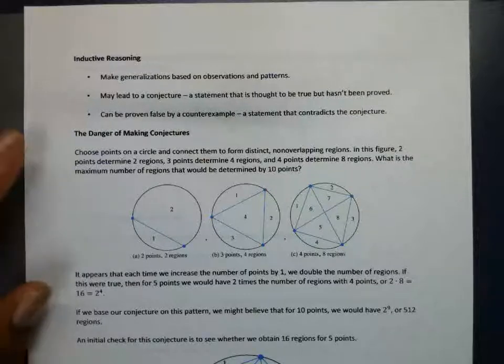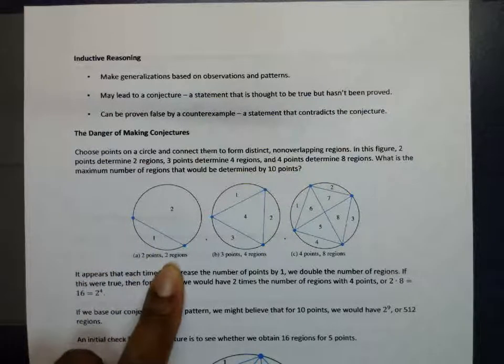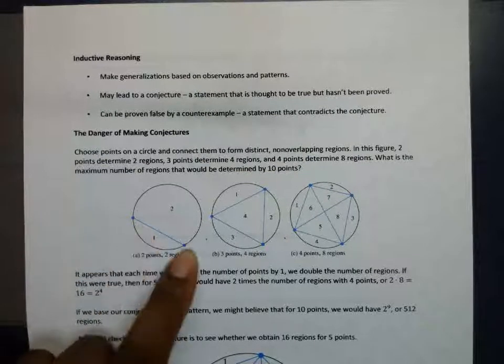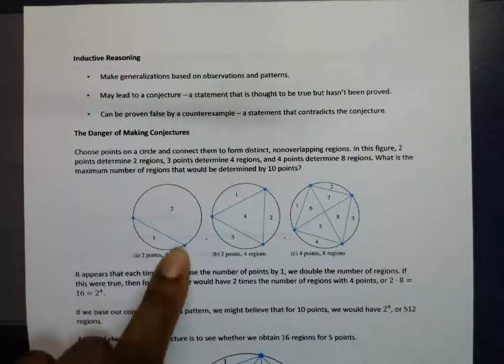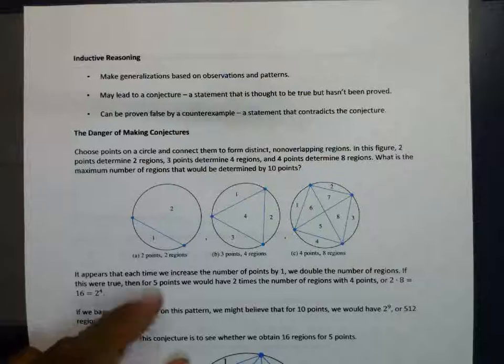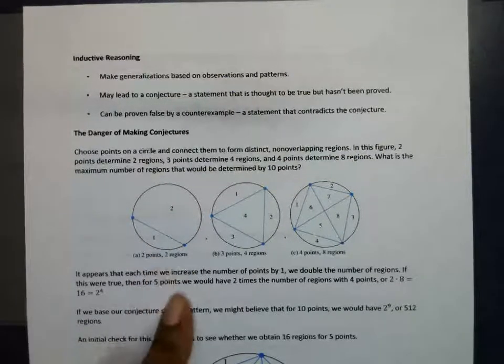Right? Now, there are some dangers of making a conjecture. Like in this case, let's say we want to choose points on a circle and connect them to form distinct, non-overlapping regions. In this figure, 2 points determine 2 regions, as you can see here. You got 2 points on the circle, connect those points, you'll come up with a line segment, and you have 2 regions, as you can see.